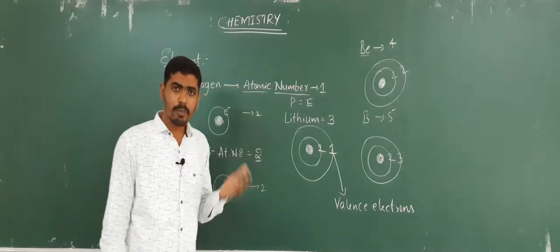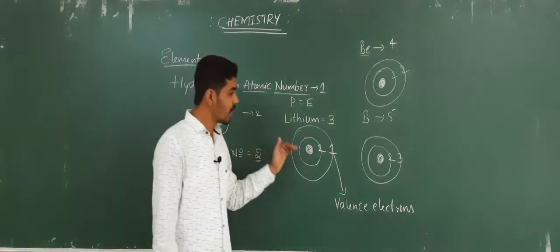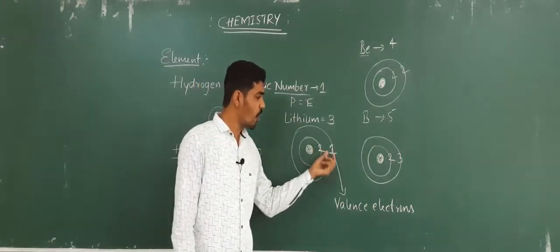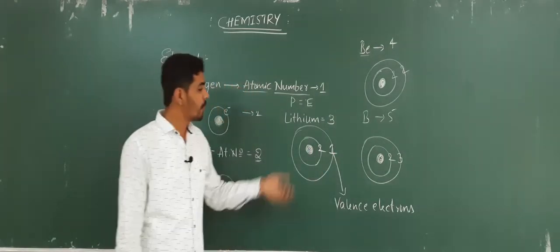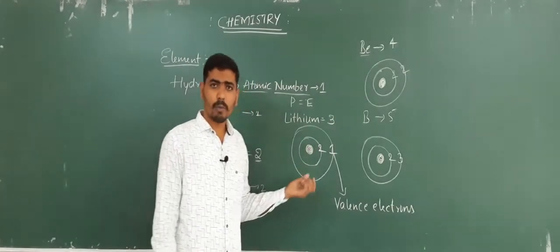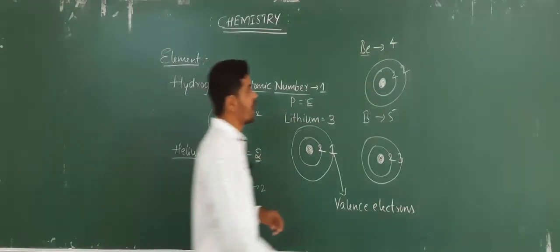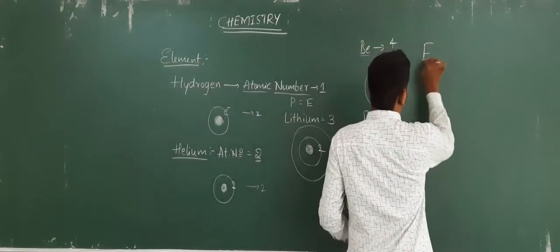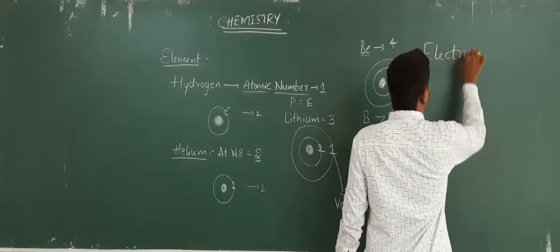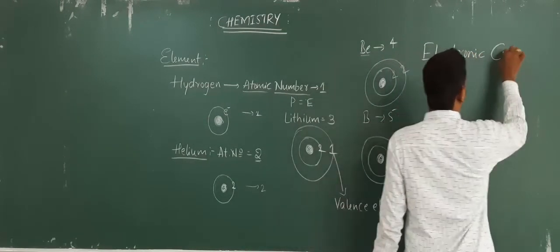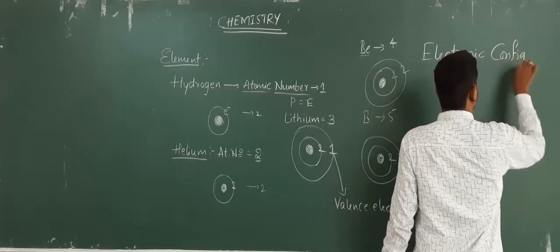And in order to minimize this, we will write this distribution of electrons in a particular shell or particular orbit which are present in the atom by using the electronic configuration. We will use electronic configuration.